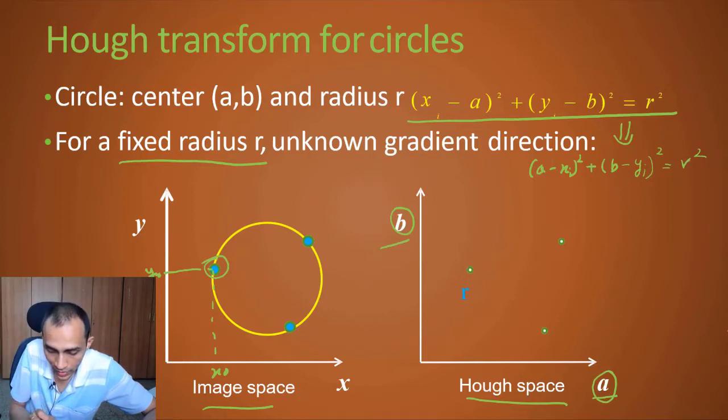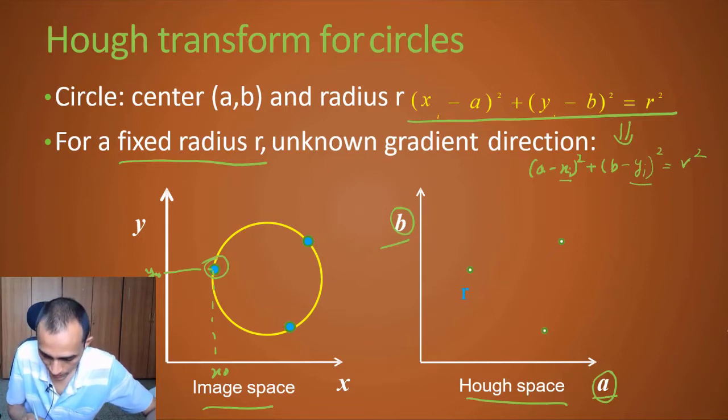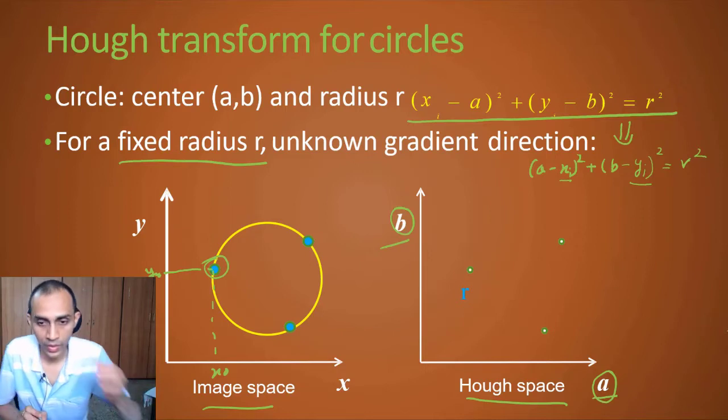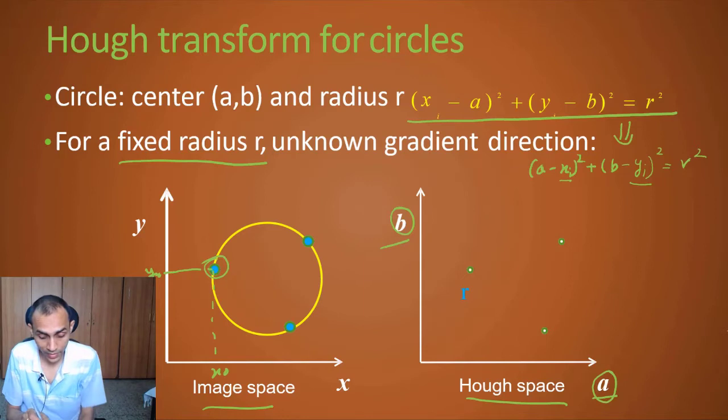If you rewrite this equation as (a − x0)² + (b − y0)² = r², again this is in AB space.